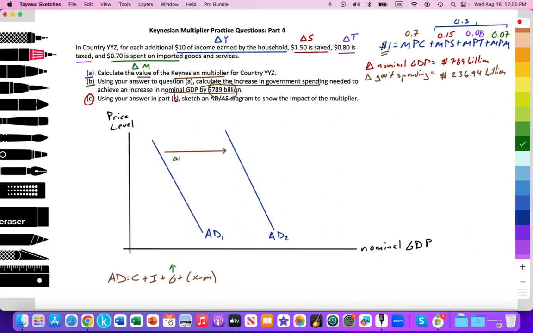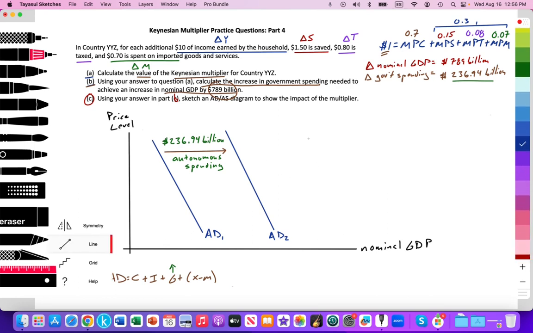That's going to be what we call autonomous spending. And the value of that autonomous spending is 236.94 billion. So I'm going to add that. So this is $236.94 billion of government spending that's increasing, causing the aggregate demand curve to shift out from AD1 to AD2.